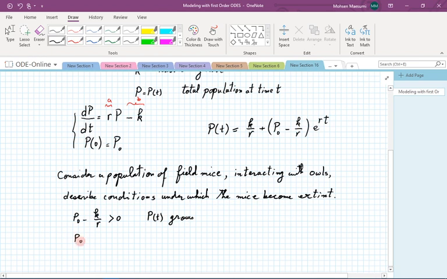If P0 minus K over R is 0, then population will be constant. So if this factor is 0, population for all times is going to be just K over R, and that is its original value.